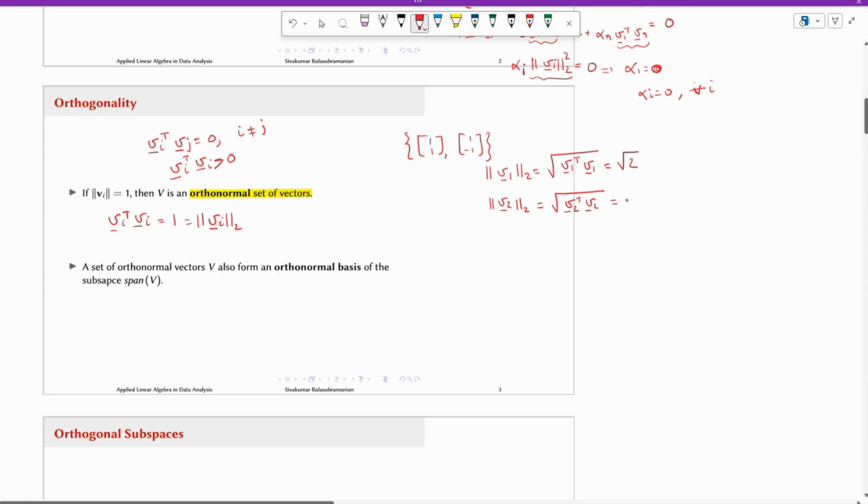Just do the inner product. Square root of 2 again. So clearly these don't have length 1.